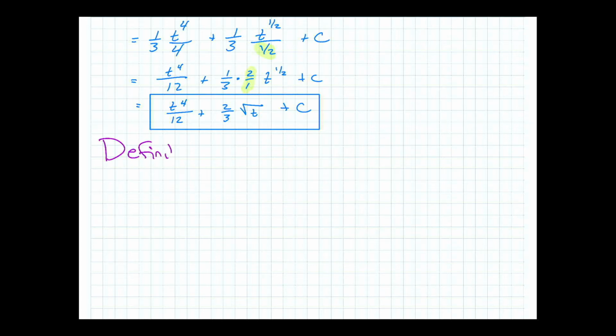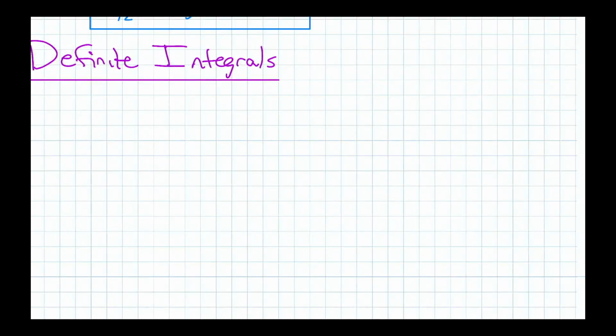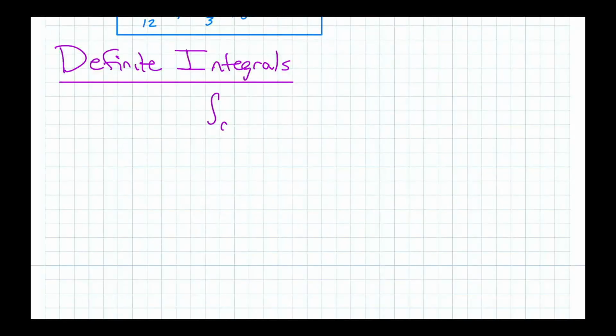So definite integrals are what we just covered, but I want to talk about it specifically with regards to how it's different to what we just did above. So definite integrals were written this way: a to b little f of x dx typically.